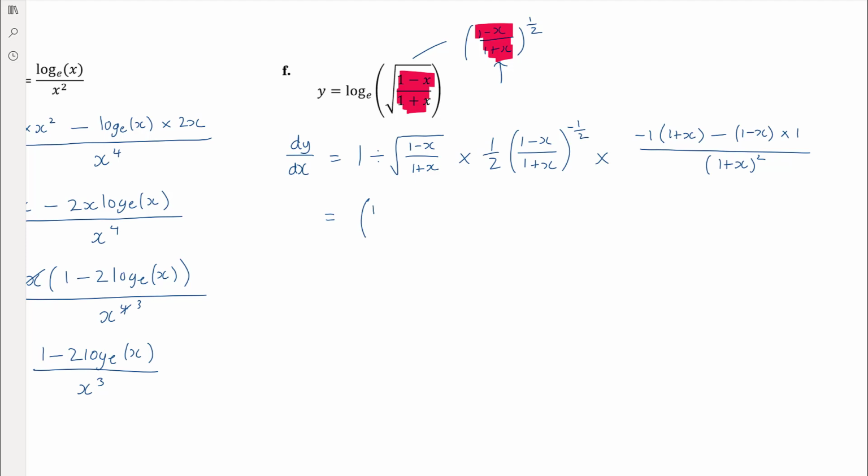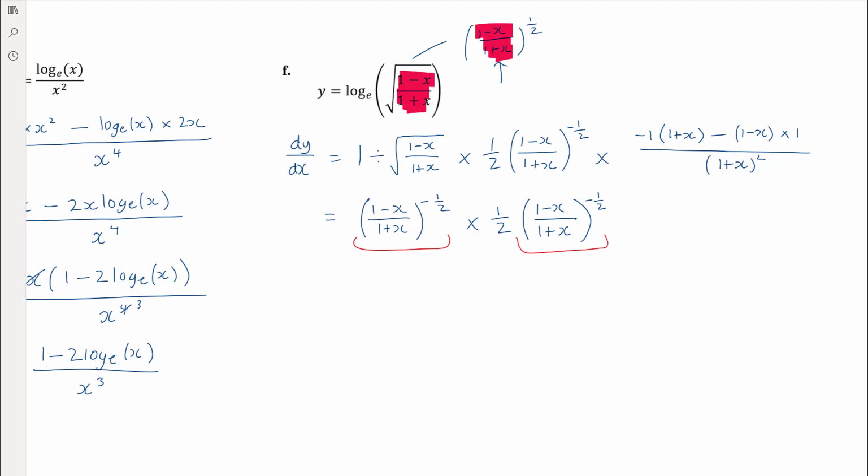So this is going to be 1 minus x times 1 plus x to the power of negative a half. Then we've got multiplied by 1/2 and multiplied by 1 minus x, 1 plus x to the power of negative half again. Those are going to go together really nicely. This bit, and this bit.